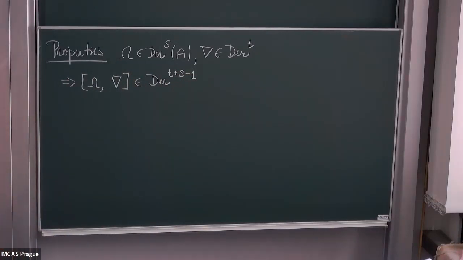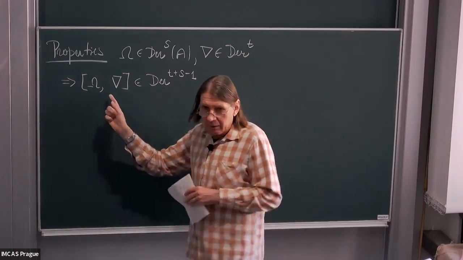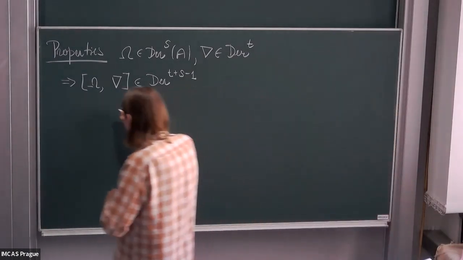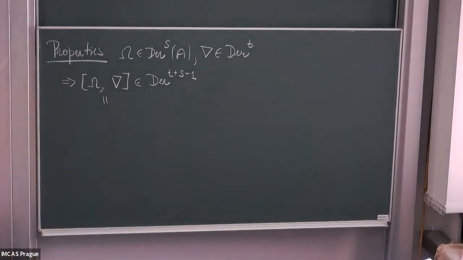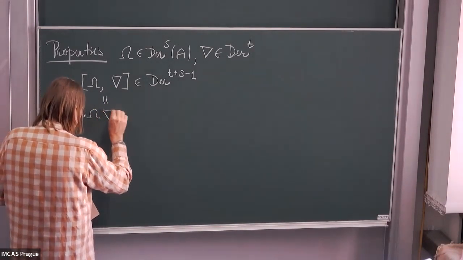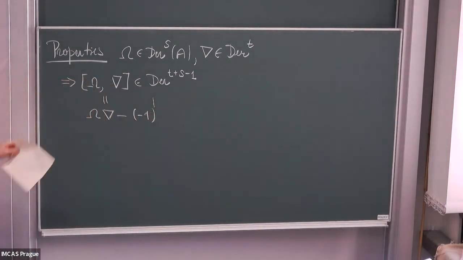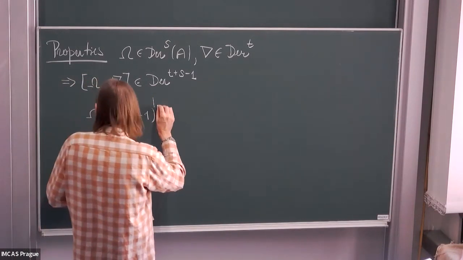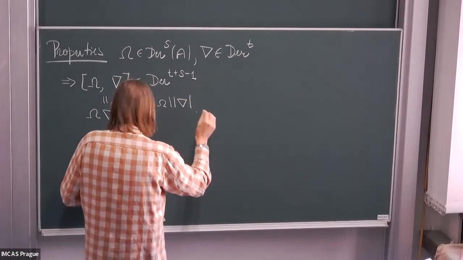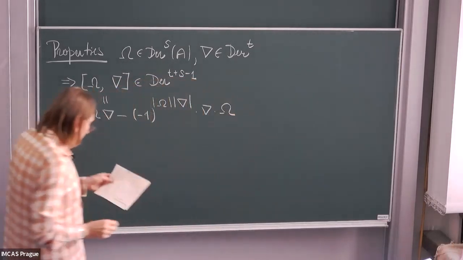Notice that the particular case is something which certainly everyone knows quite well: if you take a commutator of ordinary derivations, you'll get again a derivation. I will take the liberty to write explicitly what I mean by this: omega composed with nabla minus, and this will probably be the only place where I put explicit degree in, (-1) to the degree of omega times degree of nabla, times nabla composed with omega.